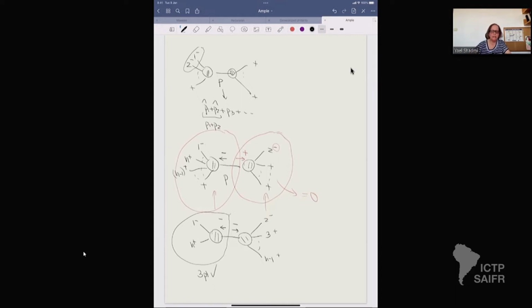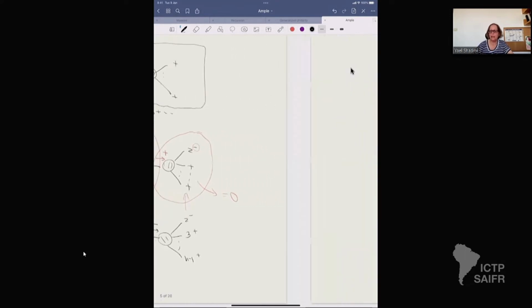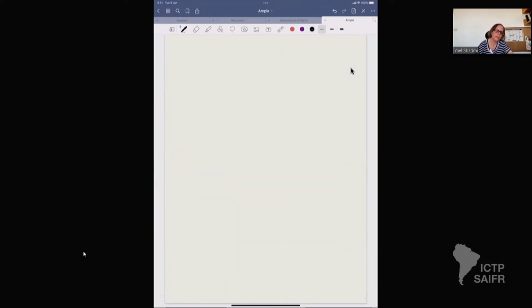Which one did you want to have? Yes. If you just swap them together, it doesn't make a difference. The point is that with one minus and all pluses, if I have more than 3 guys here, 3 or more pluses, then this amplitude vanishes.